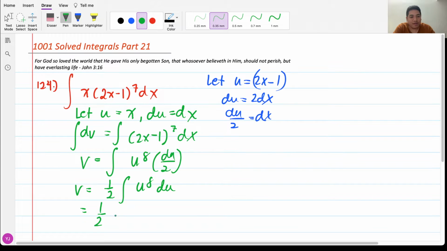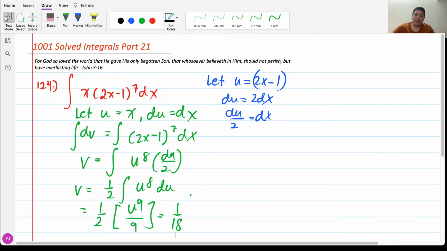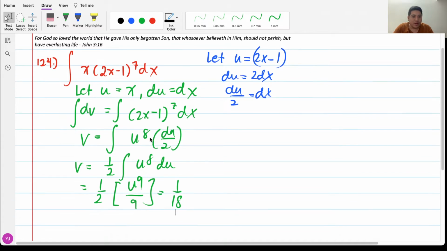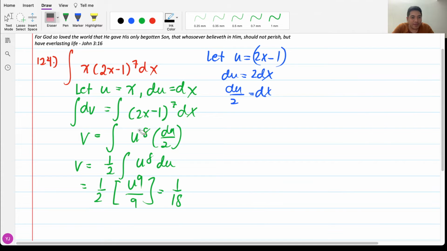That will be 1 half, u raised to 9 all over 9 plus c, or we don't have to add c, because it's still the v, it's not the final answer. So you have 1 all over 18. I'm sorry, it should not be 8.